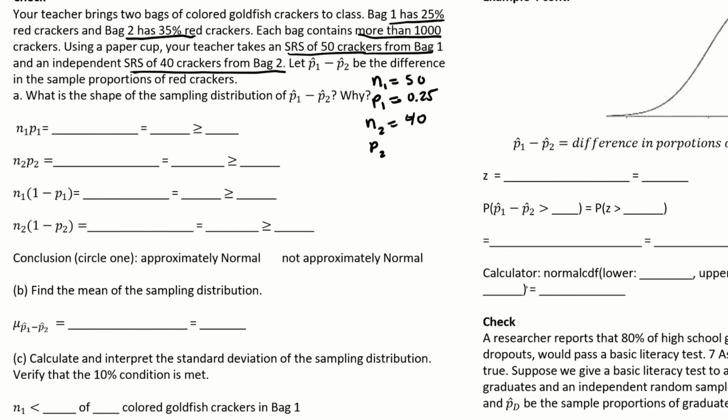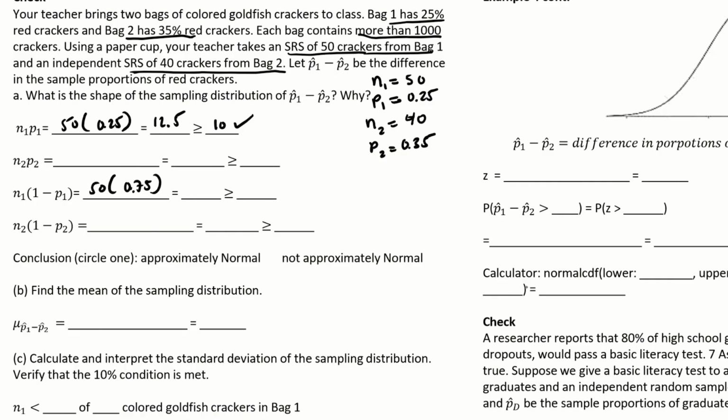Okay, so now we can apply this to both. We have 50 times 0.25, which is about 12 and a half. So 12.5, which is greater than 10. Good. And then 50 times 1 minus 0.25, so 0.75, which is 37 and a half, which is greater than 10.